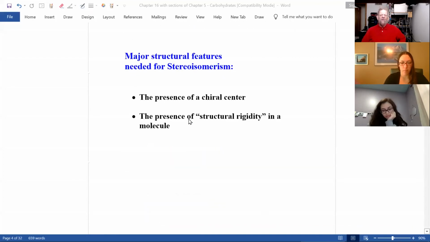Now, what do you need for a stereoisomer? A chiral center. Remember the presence of structural rigidity in the molecule. What that means is, quaternary ammonium salts are the exception where you have to worry about structural rigidity.